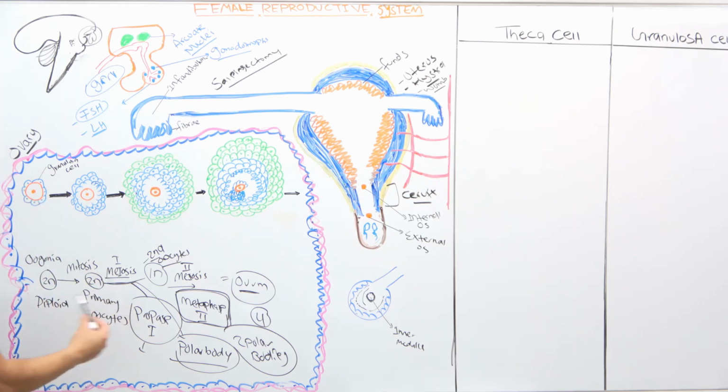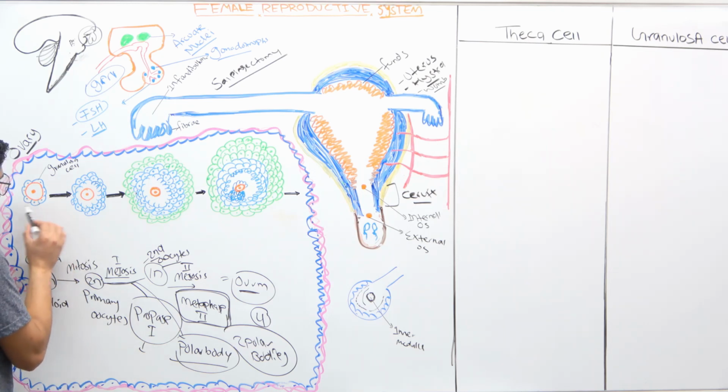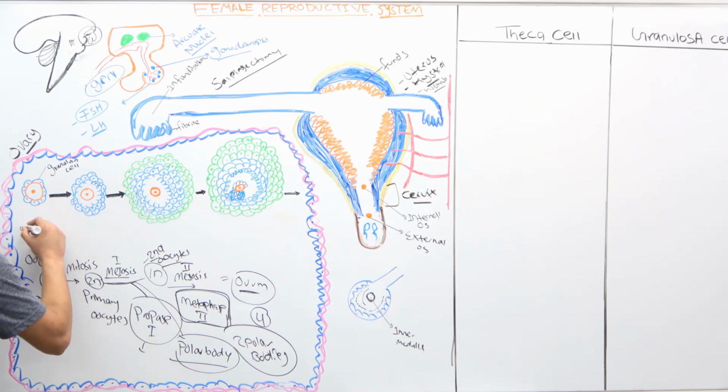So every month for a female, what is going to happen is that the cells near here have lots of cells. They're kind of like fibroblast-like cells. They are called stromal cells, and what they do is provide a lot of nutrients and growth functions.